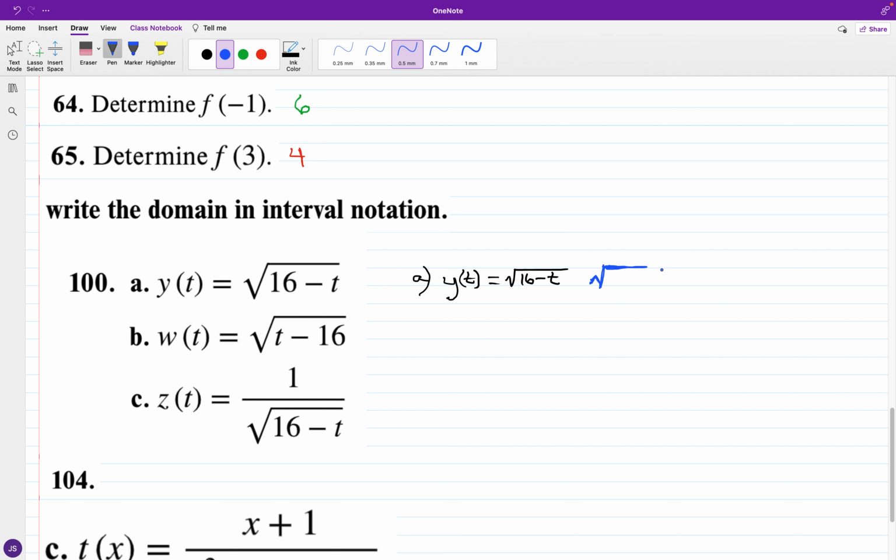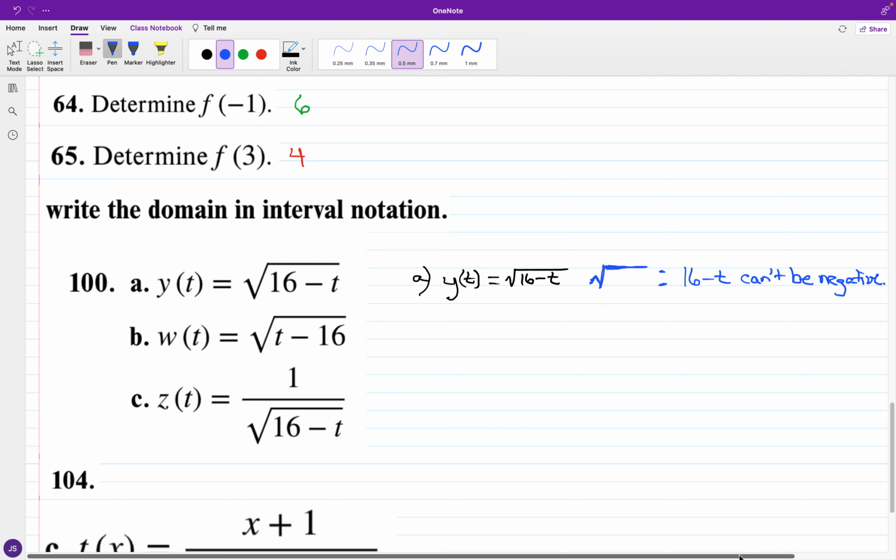Because we have a square root, which is an even root, whatever we have inside the radical, 16 minus t, cannot be negative.